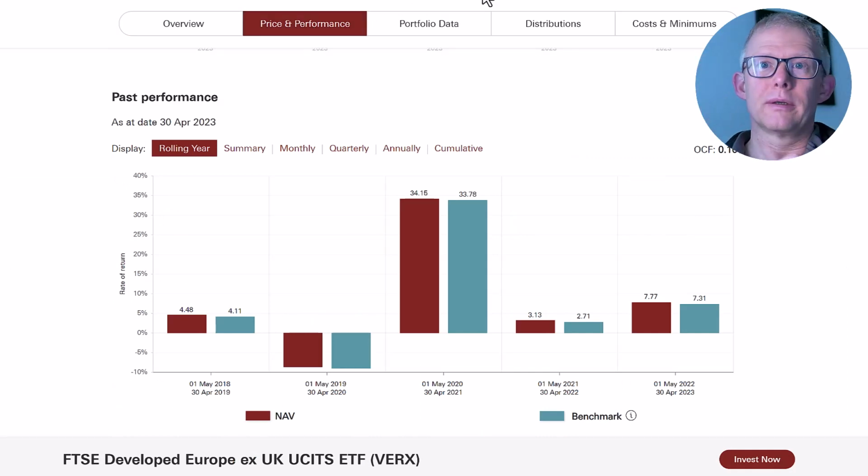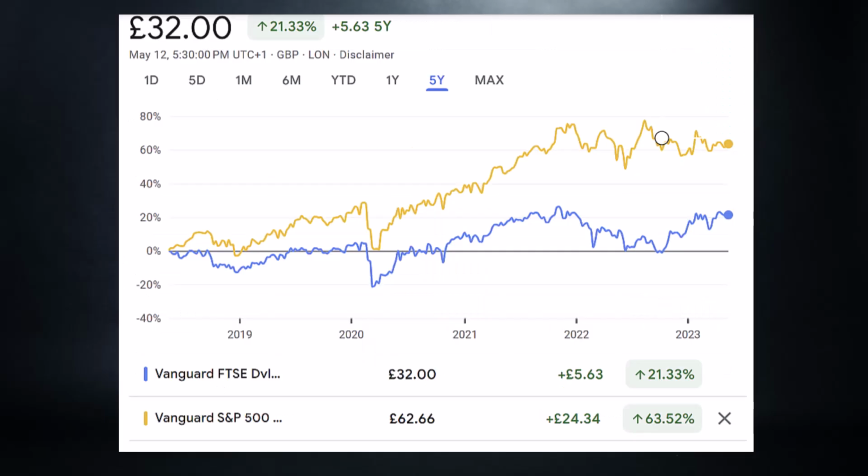On this table, we get to see what past performances look like, but just looking at this doesn't really give us a flavour of how this has compared to other funds. So let's jump across to Google Finance and have a quick look at comparing this fund VERX against VUSA, the S&P 500. In the different colours, S&P 500 is in yellow.